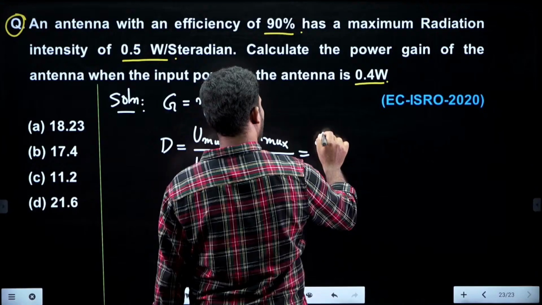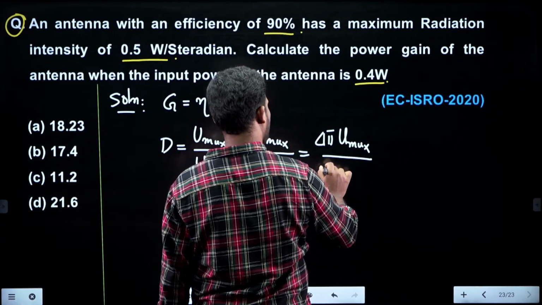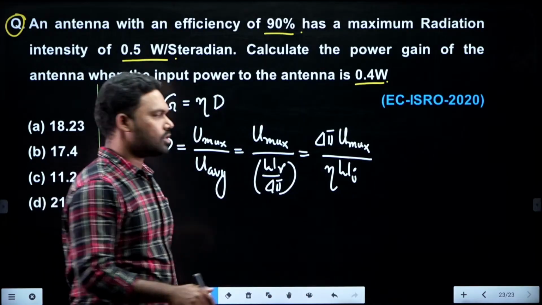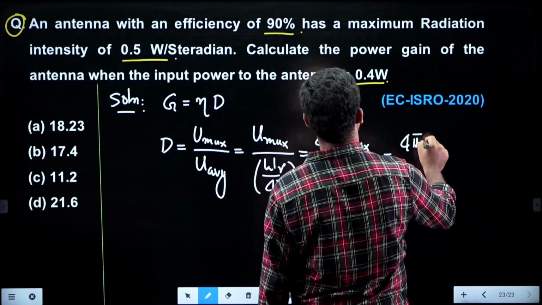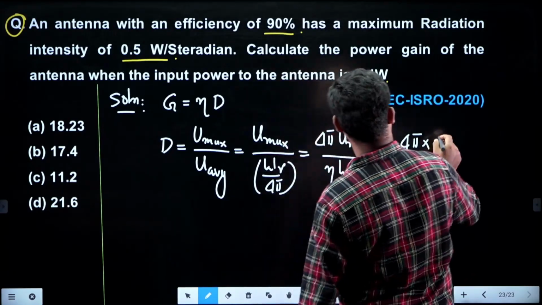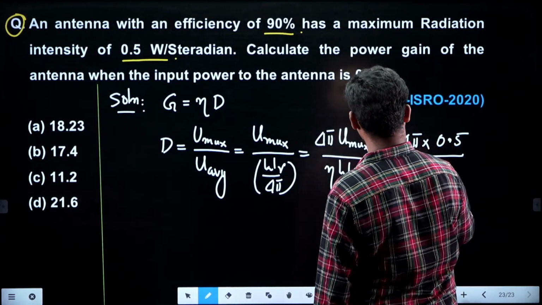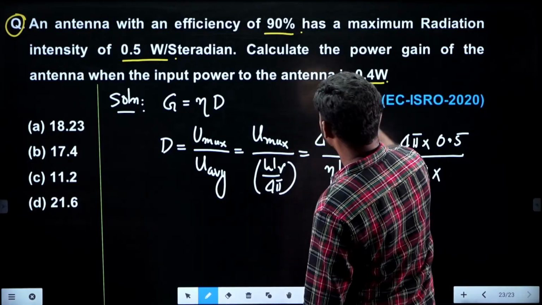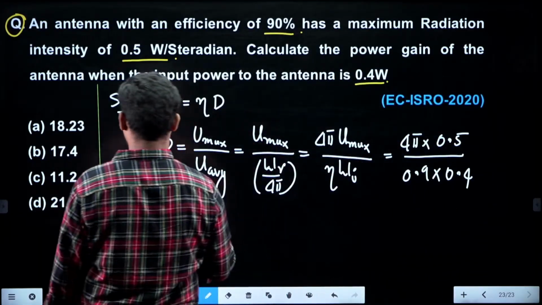So 4 pi into U max, divided by efficiency into input power. What is the U max, guys? U max is given as 0.5, divided by efficiency 0.9 into the power fed to the antenna, the input, 0.4. So you have everything and you can find this.